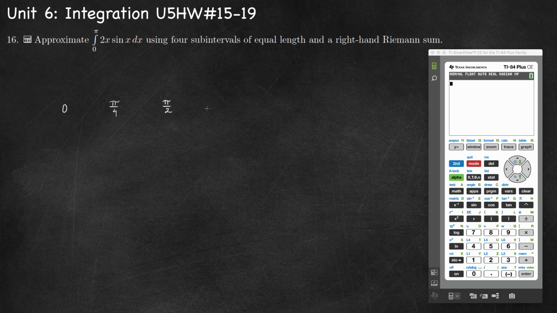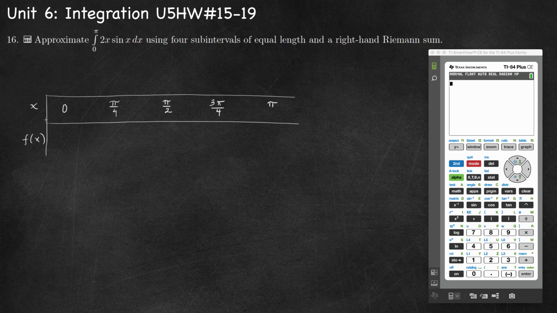Pi over 2 plus pi over 4 is 3 pi over 4. And then if I add pi over 4 again, I get 4 pi over 4, which reduces to pi. So those are my x values, and then I'm going to call these my f of x values down here.